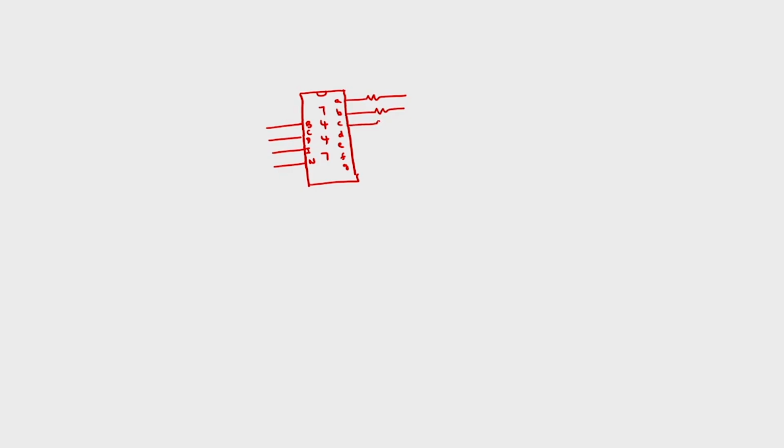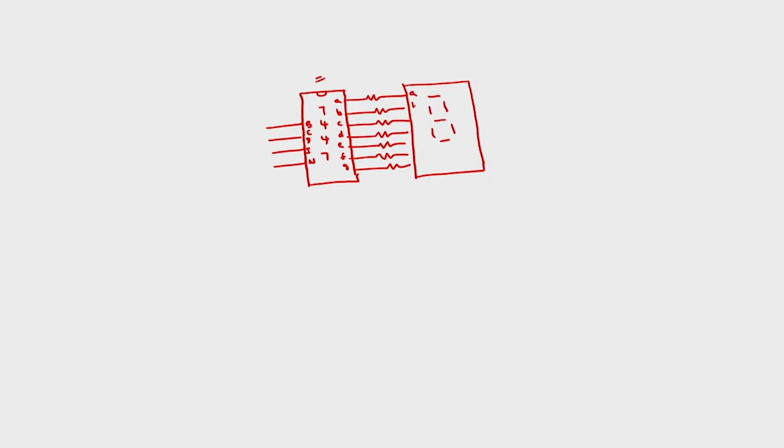The output we are going to connect through a current limiting resistor to the 7 segment display. There are some additional pins for this 7447 that I have not explained. These are the important pins. So, I will connect to the corresponding display A to G.